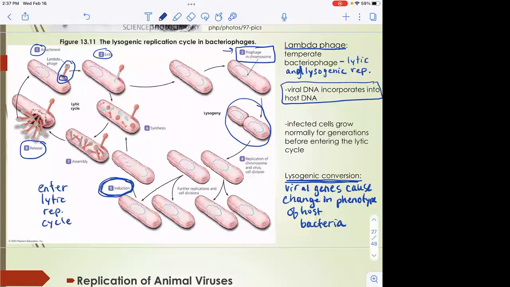So it could be radiation or lack of nutrients or something like that. Or sometimes we don't really understand, it just seems to enter back into that lytic replication. So three stages there: the prophage, the induction, and that term lysogenic conversion. Just be aware that that can happen.